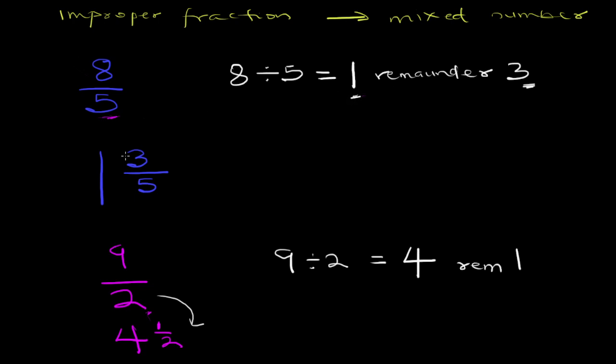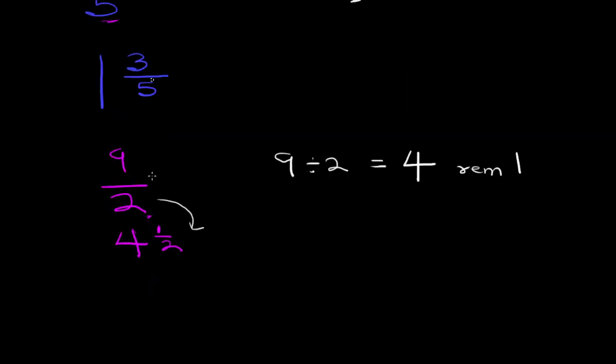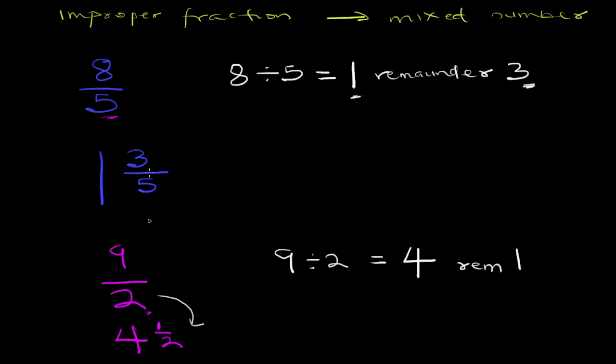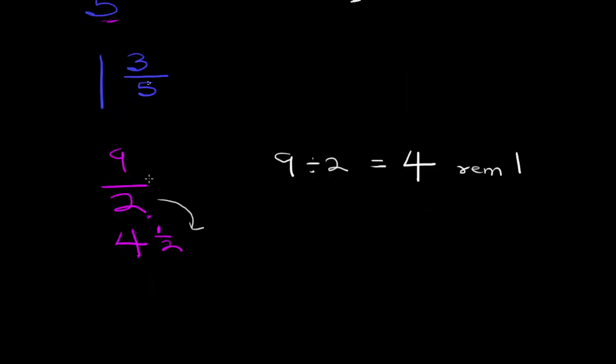Whatever number you get, that is going to be the whole number, and then the remainder becomes the numerator, and the denominator will not change. All right? Let's take another example. Or maybe we can pause for you to write, and then we take another example.